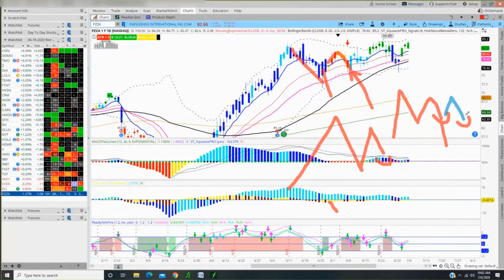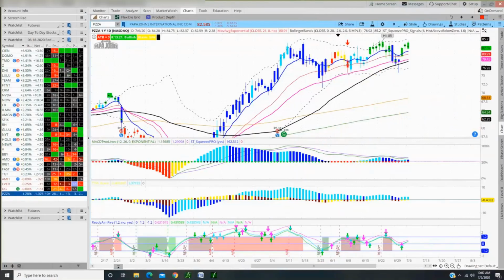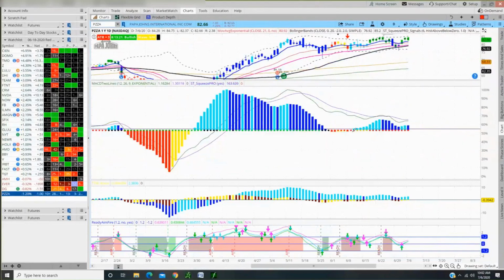Then if it goes up and comes down, there. Somewhere in this zone when what? The momentum shift, or the momentum cross to positive.